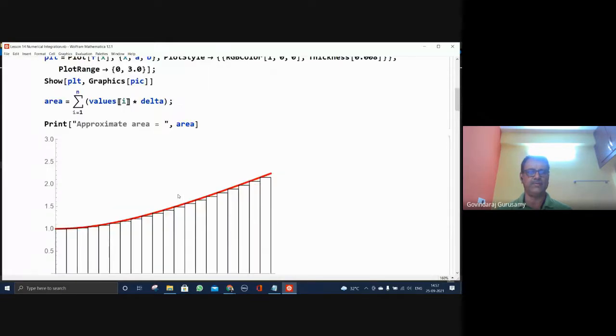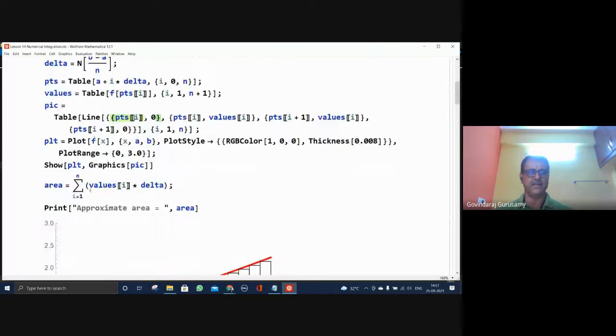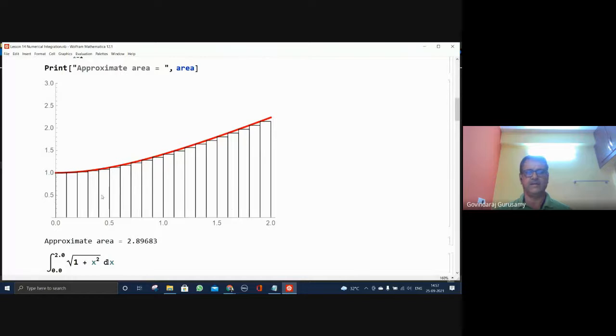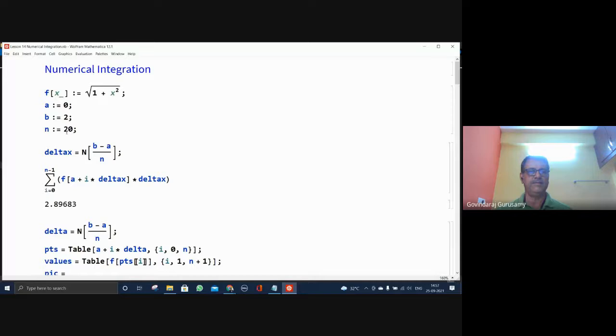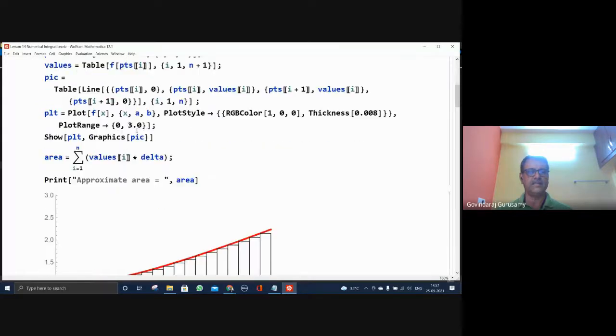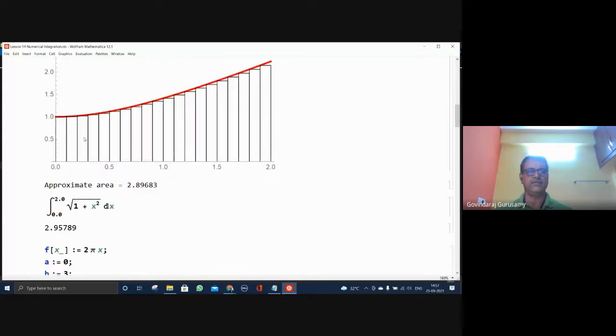Okay, so look at this now. With this, the plot, the number of boxes. What is expected now? We will be having something like 20 boxes: 1, 2, 3, 4, 5, 6, 7, 8, 9, 10, 11, 12, 13, 14, 15, 16, 17, 18, 19, 20 boxes.